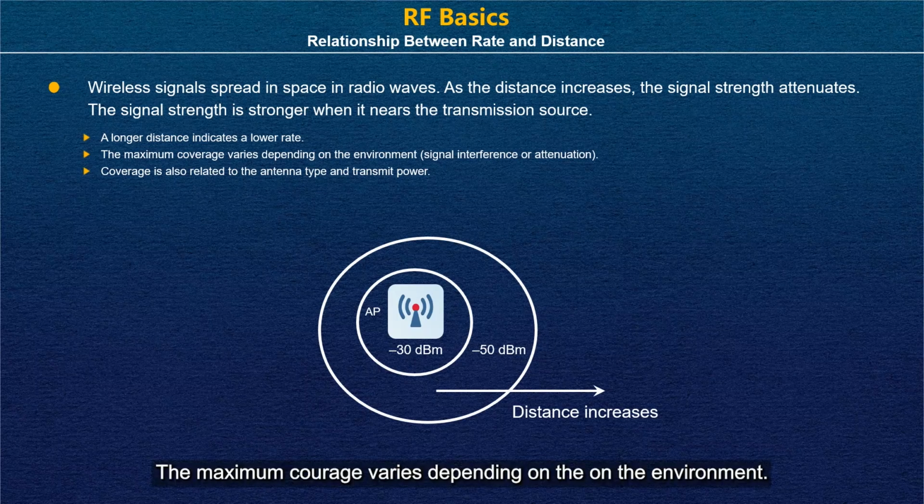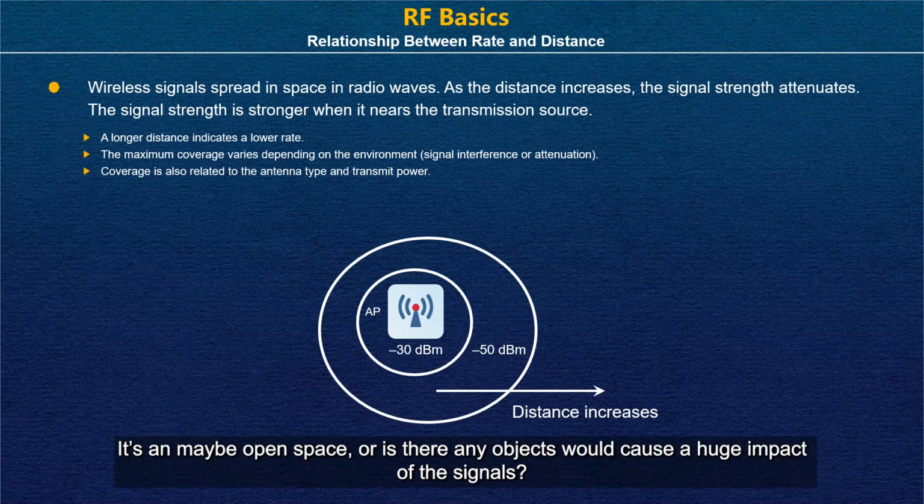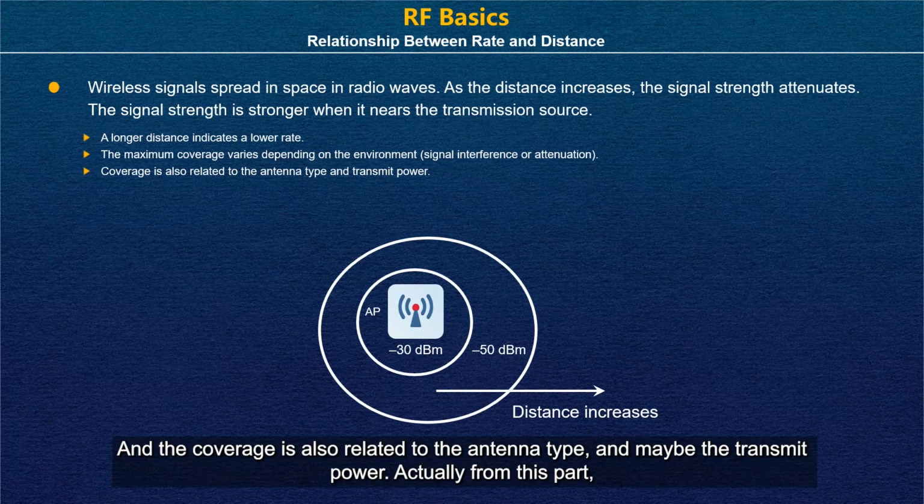The maximum coverage varies depending on the environment. Is it an open space, or are there any objects that would cause a huge impact on the signals? And coverage is also related to the antenna type and the transmit power.